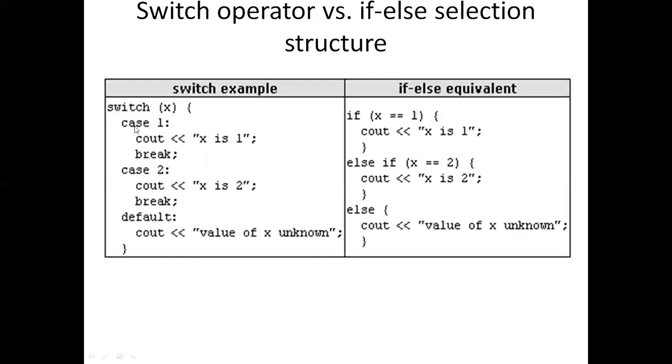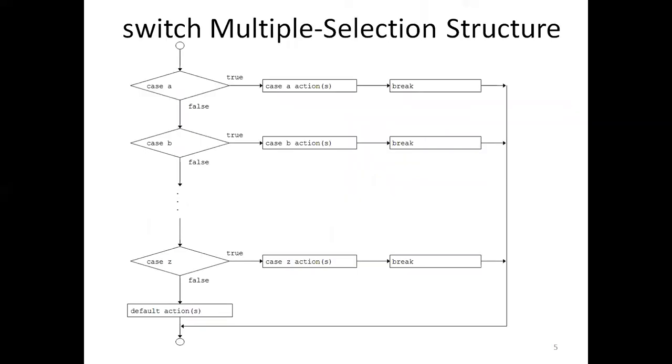Switch x, case 1, print x is 1, break, then case 2, print x is 2, break, default, print value of x unknown. So it's exactly the same. We can understand it if we compare it to if-else. It's another kind of grammar, for such conditions if you want to present them in your programming.